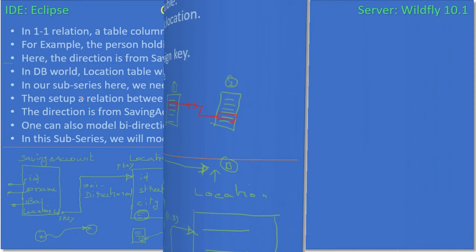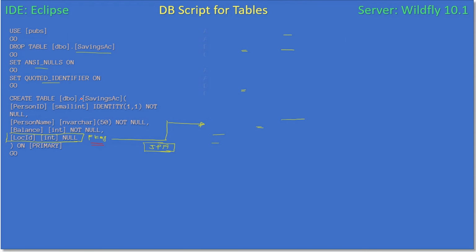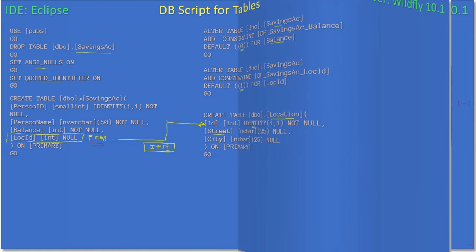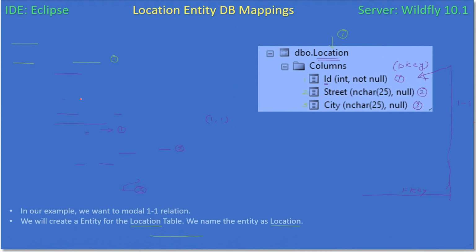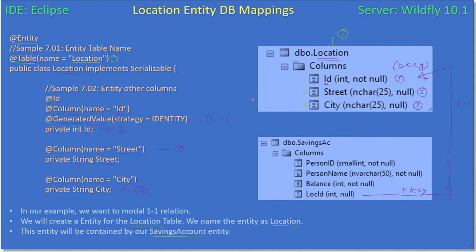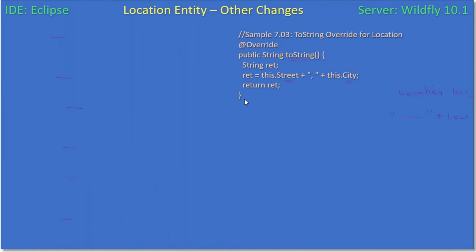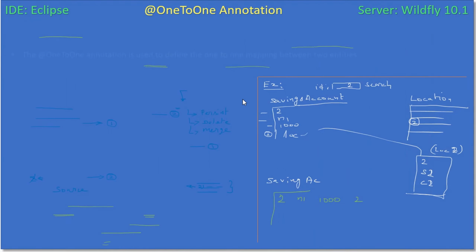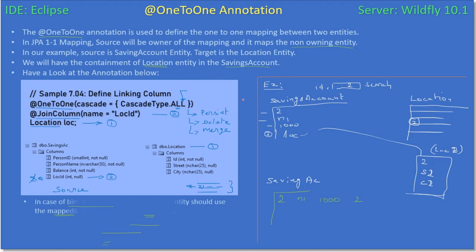All this information is from our previous parts. Here we created the location entity and we mapped the fields to the database columns. Then we learned about the one-to-one annotation and the join column.